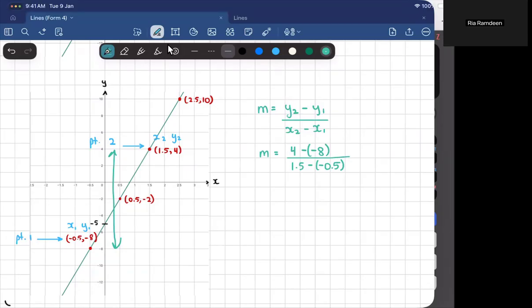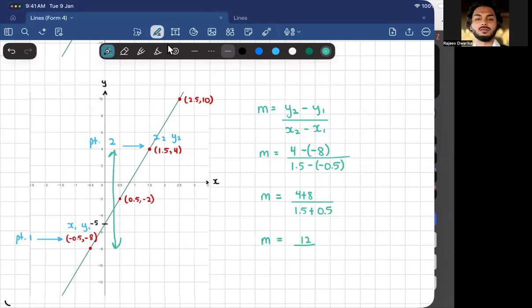So Ria, let's see what's going on here, right? So we have 4 minus negative 8. What's minus times minus? Plus. Right? So 4 plus 8. Then we have 1.5 minus negative 0.5. What are we going to turn that to? Plus. All right. So what's 4 plus 8? 12.